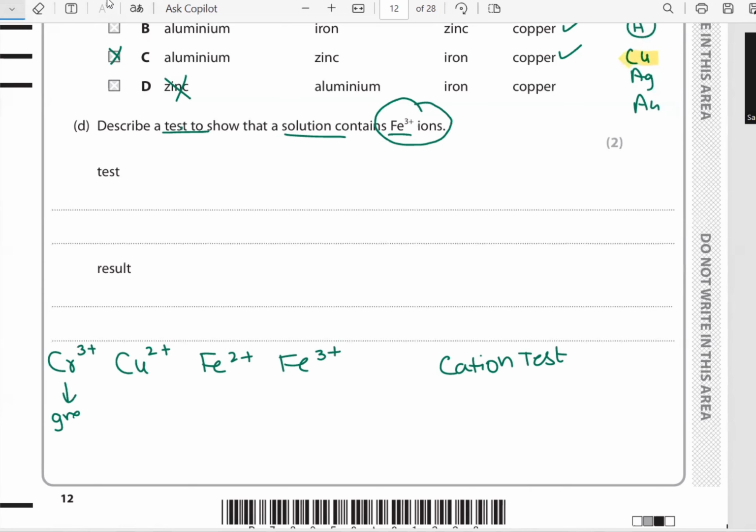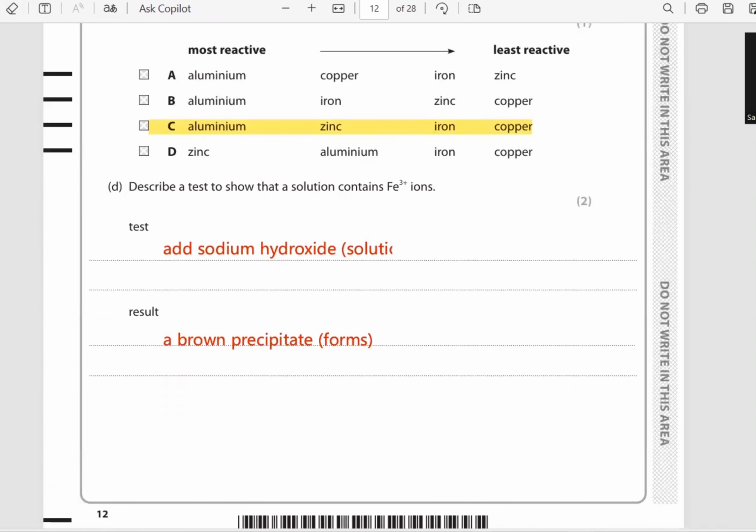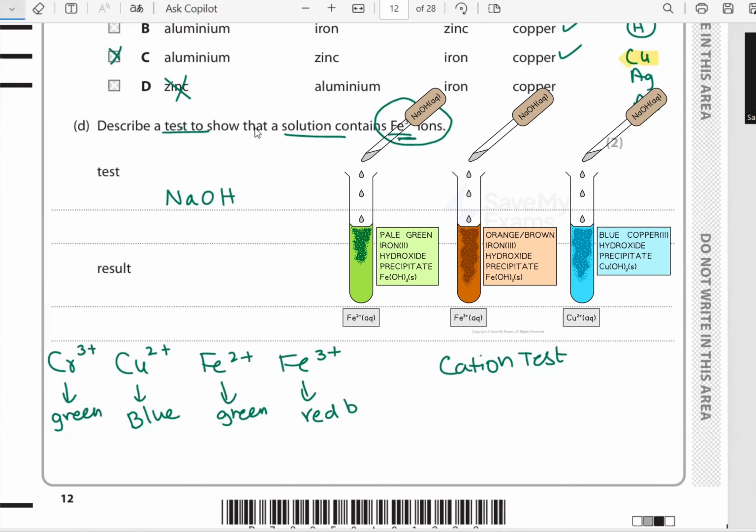Chromium gives a green precipitate, copper gives a blue precipitate, iron 2 gives a green precipitate, and iron 3 gives a red brown precipitate. So here we will use an alkali, which is sodium hydroxide. On adding sodium hydroxide, iron 3 will give you a red brown precipitate.